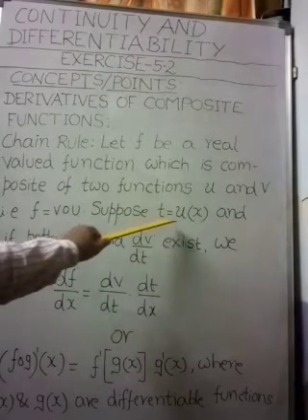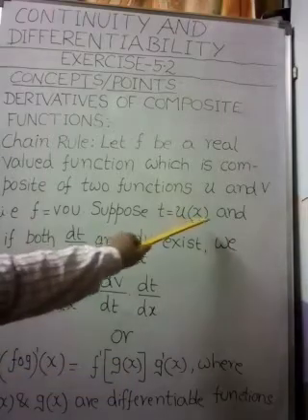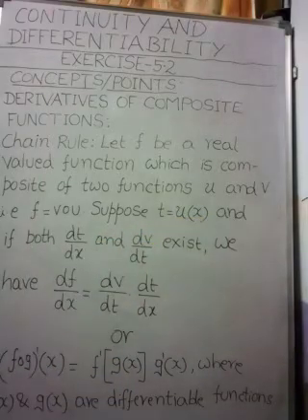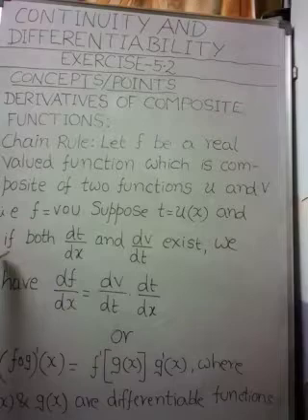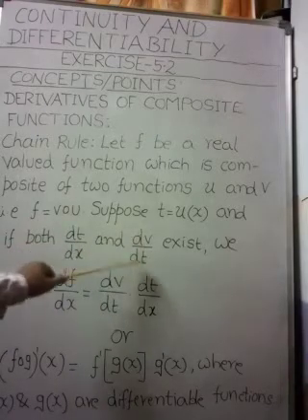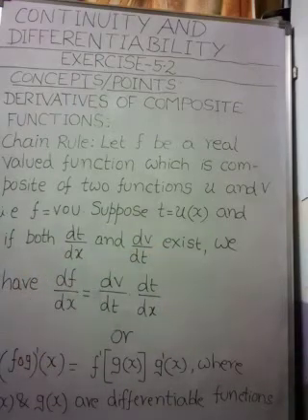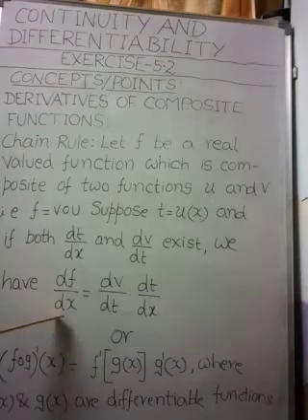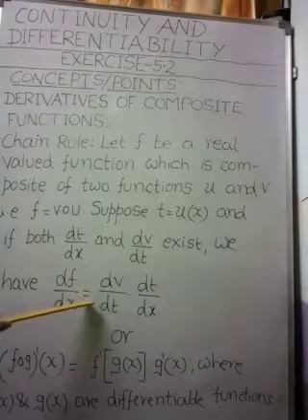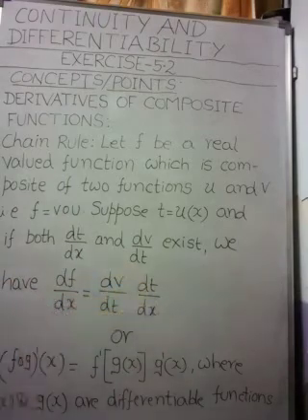Suppose t is equal to u of x. t is a function in the variable x, and if both dt by dx and dv by dt exist, we have df by dx is equal to dv by dt into dt by dx.